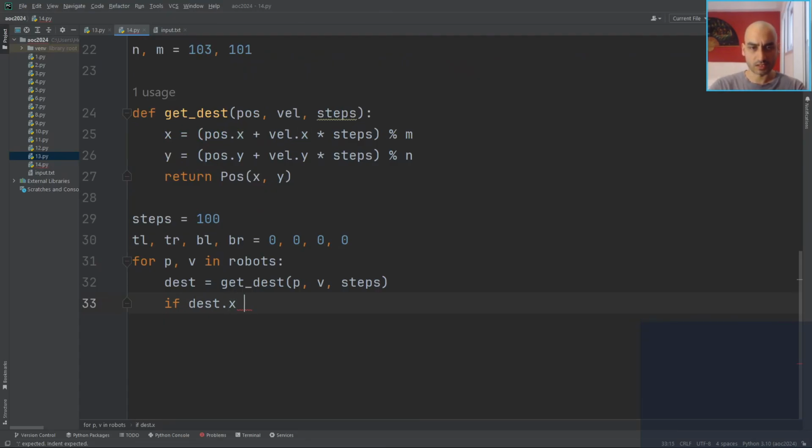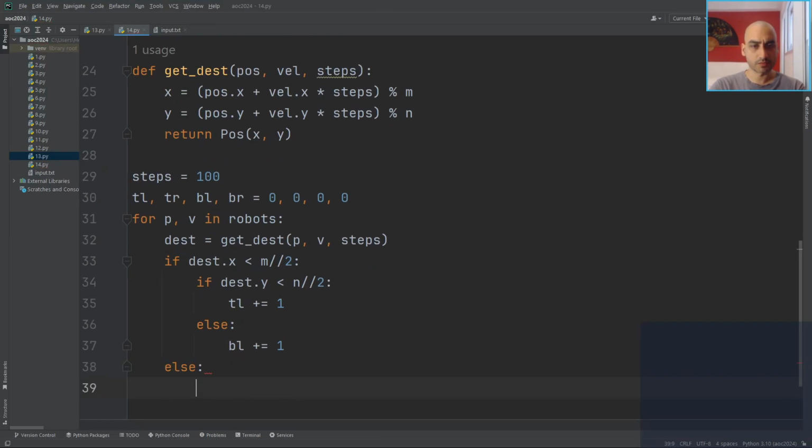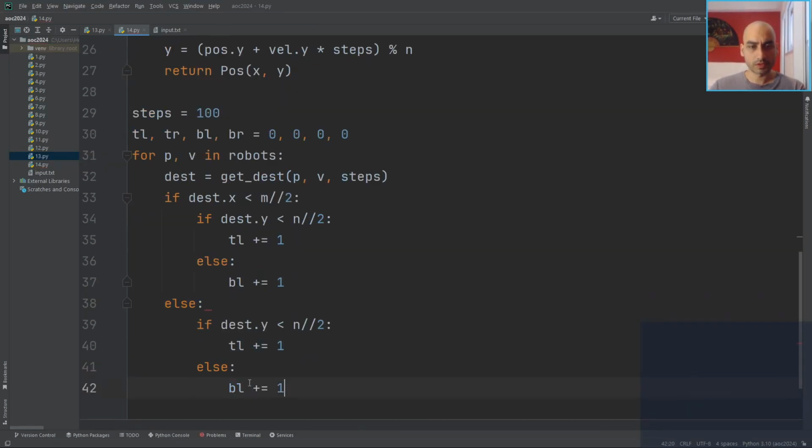So if dest.x is strictly less than M over 2, so we don't want the middle, and if dest.y is strictly less than N over 2, then top left plus equals 1, else bottom left plus equals 1, else top right, bottom right.